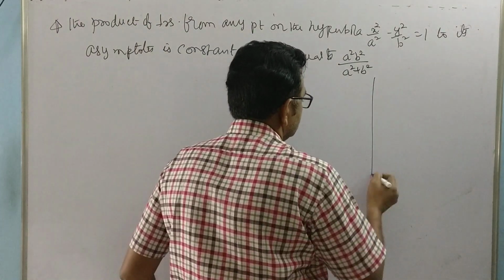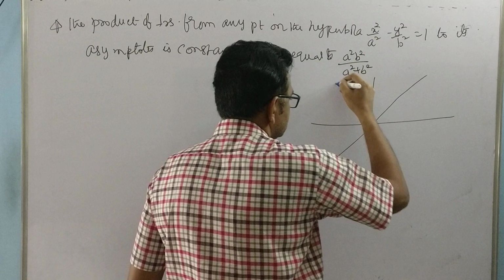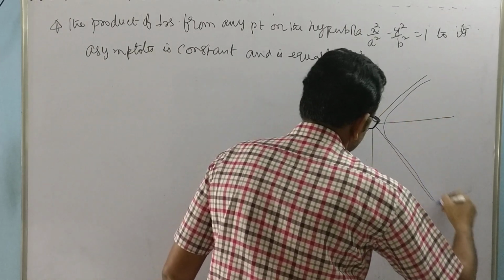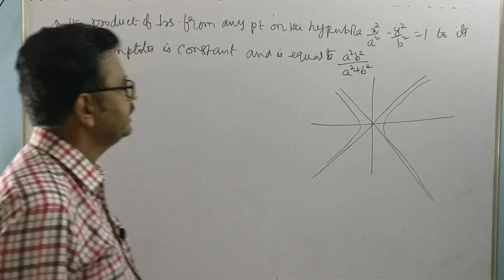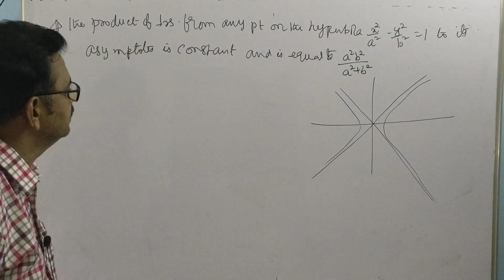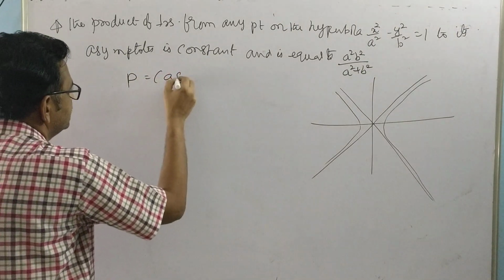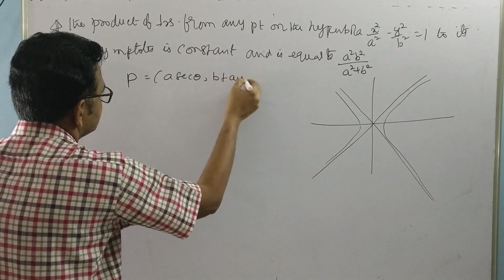See, this is one asymptote and also this is one asymptote, and this is the hyperbola. If any point on the hyperbola, let the point be (a secant theta, b tan theta).